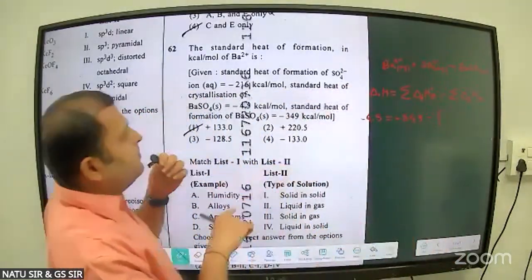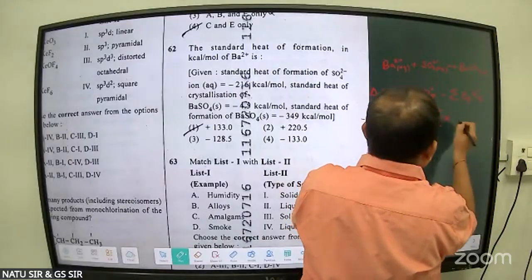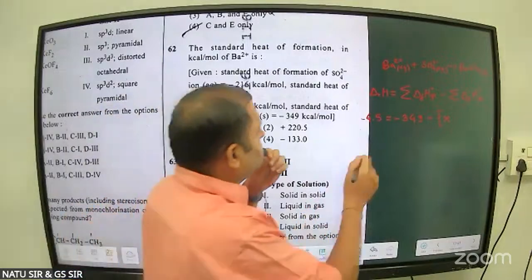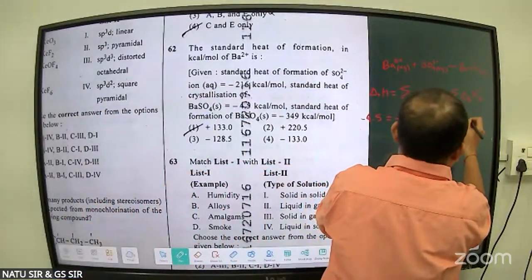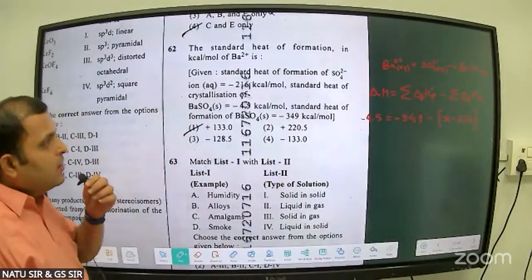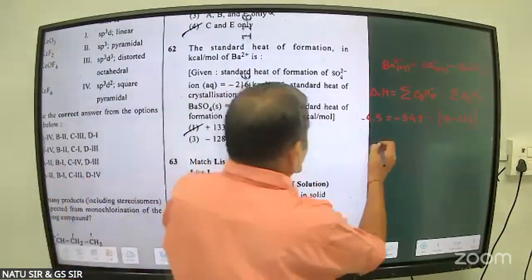Minus Ba2+, which we are supposed to calculate, that will be X, and of sulfate ion, aqueous, how much? -216. So now if you solve that properly, you will get answer as what? -128.5.